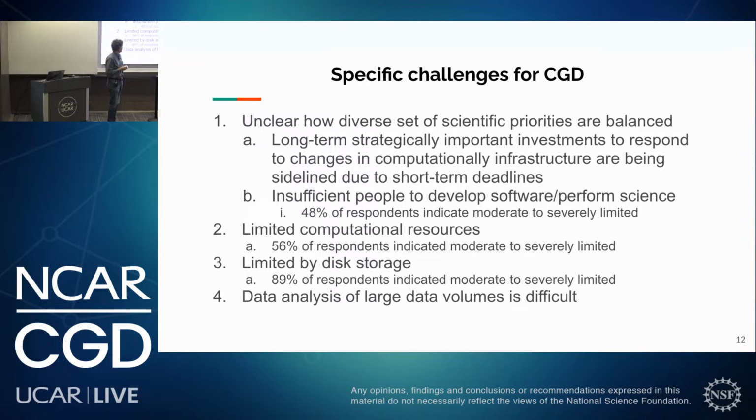This was recognized by 48% of the survey respondents, who indicated they were moderately or severely impacted by people, meaning the people to do the software development, to run the performance, or to actually perform the science itself.